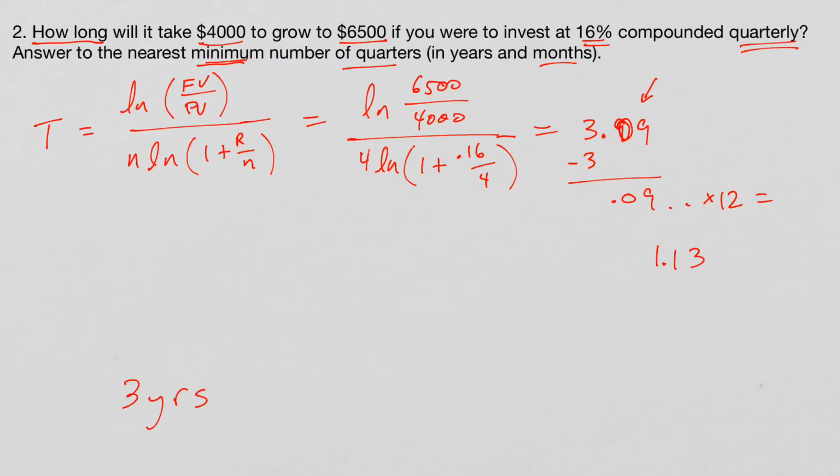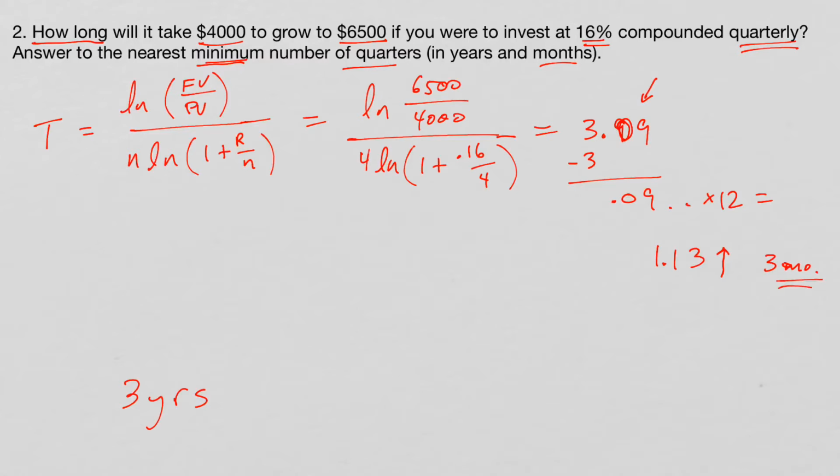I need to express my answer in quarters, but using months. I know that's kind of weird, but I'm going to say either 0 months, 3 months, 6 months, 9 months, or the full year. So this has to get rounded up to the next quarter, which is 3 months.